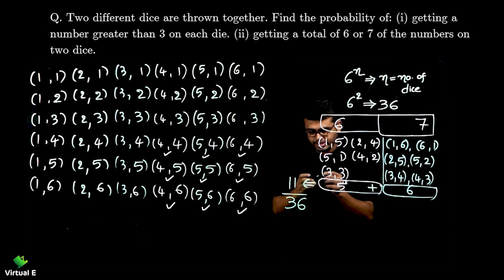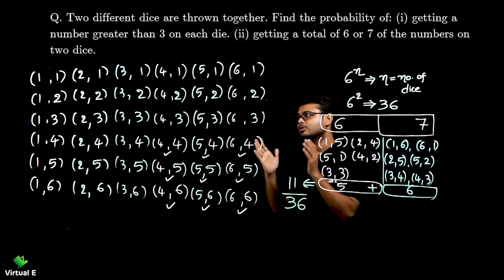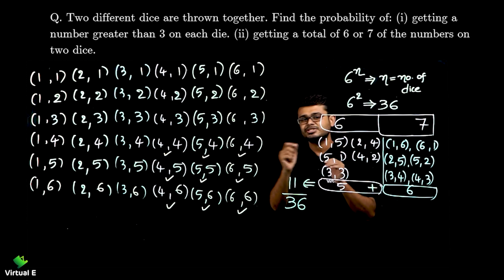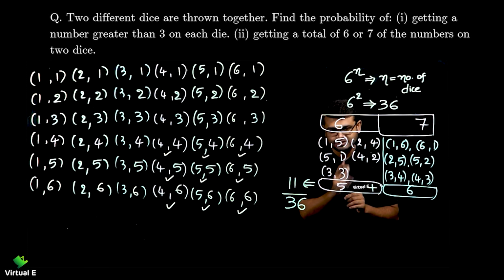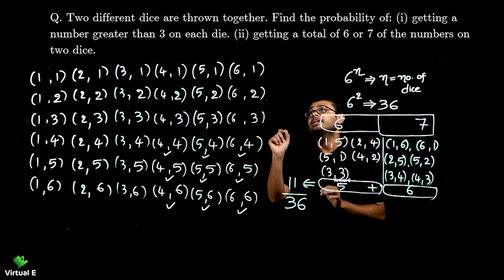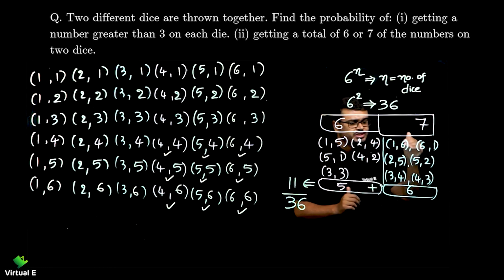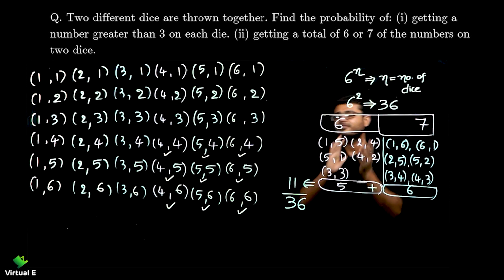I'm repeating one more time. We did 2 processes over here. How many outcomes will give you a sum of 6? 1 5, 5 1, and 2 4, 4 2 and 3 3, right? So 5 for 6, and since it is given in the question, 6 or 7, that is 1 6, 2 5, 3 4, and you reverse the numbers.